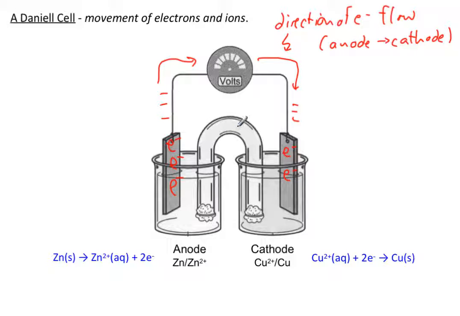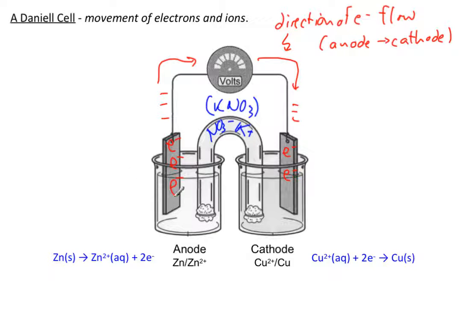I mentioned the salt bridge. This salt bridge contains an aqueous solution, and it's typically better if it's not reactive, so it's not necessarily a component of the system. Potassium nitrate is a very common one because, as I'm sure you remember, nitrate is very soluble, and potassium is very soluble as well. So we have potassium nitrate in our salt bridge.